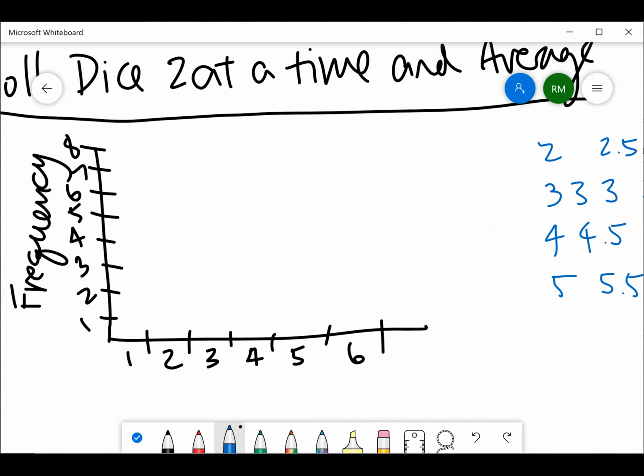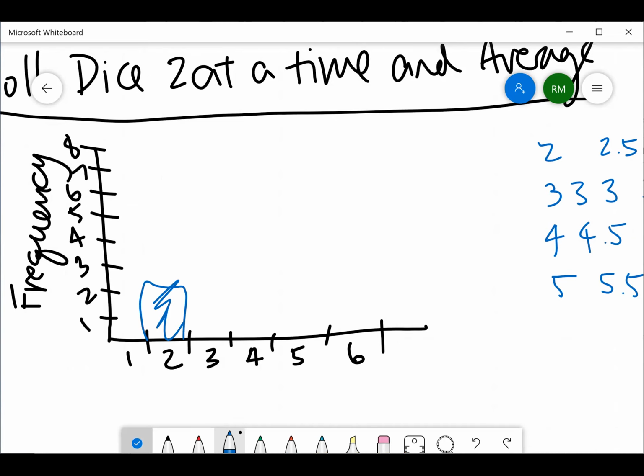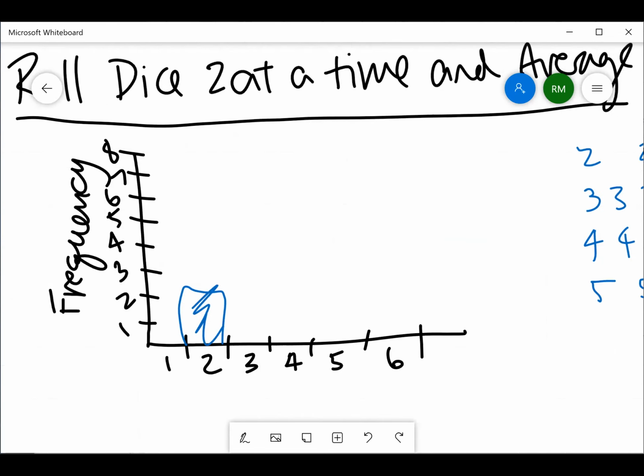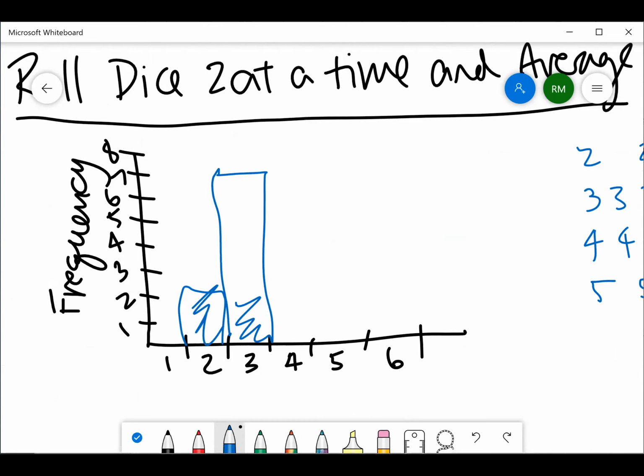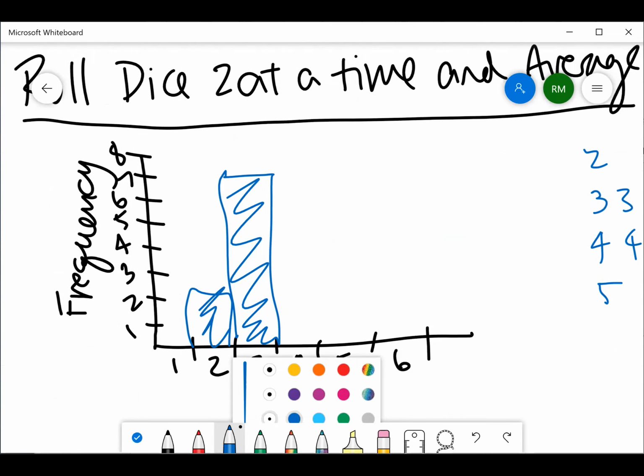So let's graph this. 2 here. We had 1, 2, 3, 4, 5, 6, 7 that were in this category. 4 in this category, in the category 4. And we had 2 right here.